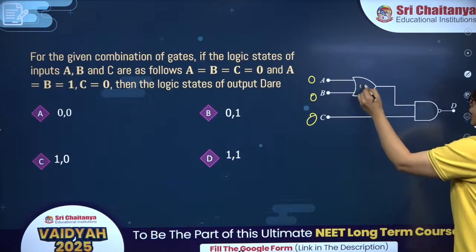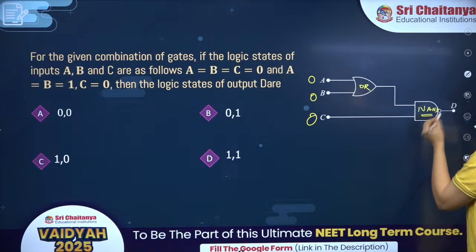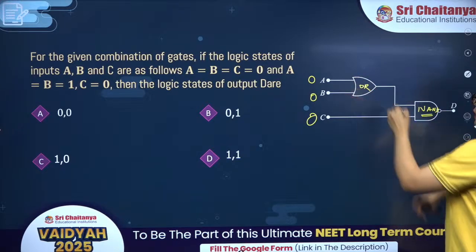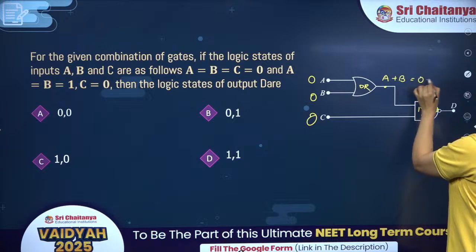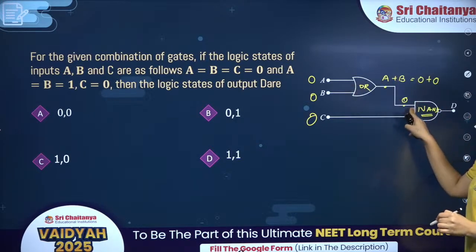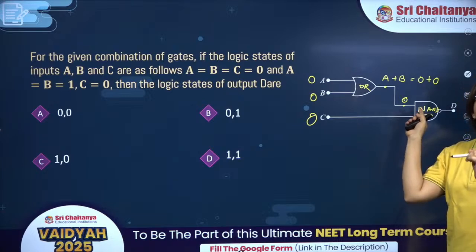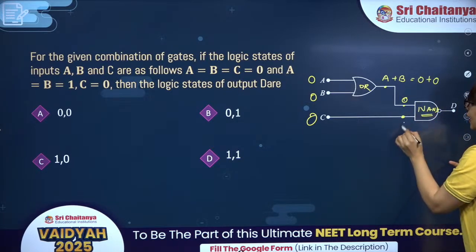So this is your OR gate and this is your NAND gate. Over here for the OR gate, output will be A plus B, which is 0 plus 0, which is 0. Output of the OR gate is one of the inputs of this NAND gate, and C is a direct input to the NAND gate.